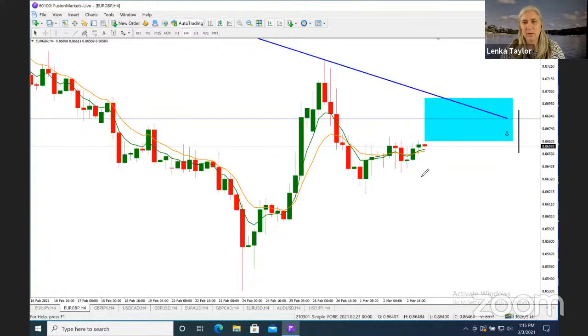Or it could be an engulfing bar. So going sideways, sometimes we can have inside bars followed by an engulfing bar. So something like that would be a good strong setup in terms of the price action that I would want to see there. Hope that helps.